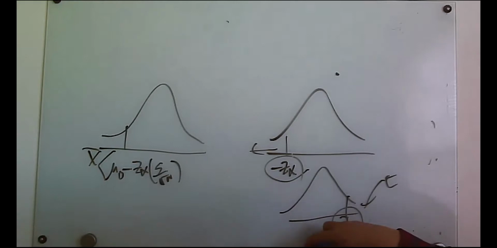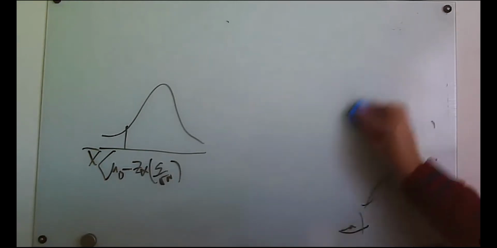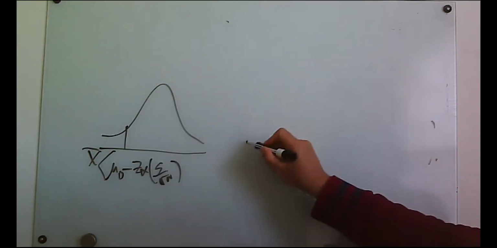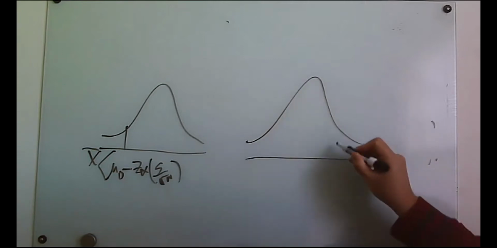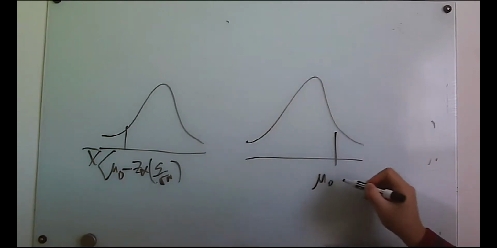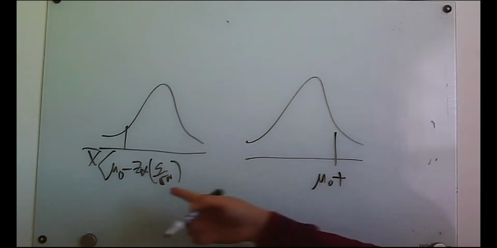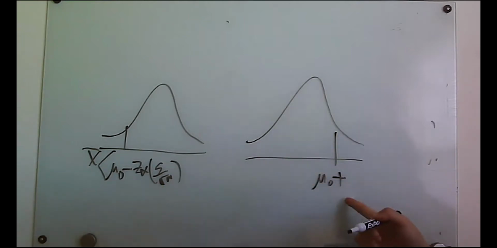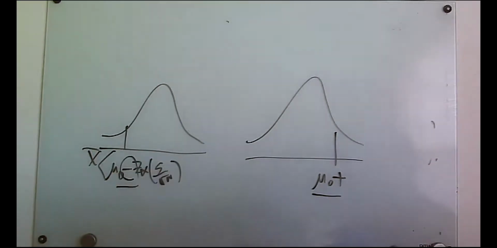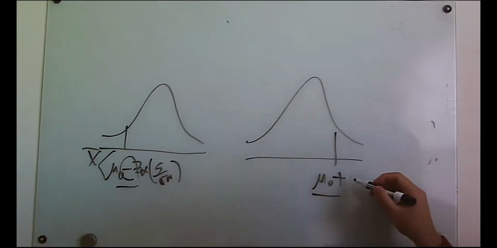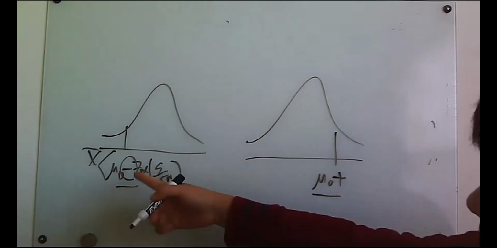That was the critical value for the lower tail test, but the upper tail is like this. Similarly, it's mu 0 plus, because this was a lower tail and this is an upper tail. So that is the lower bound and upper bound of the critical value. It used to be negative in the two-sided case; this will become positive for the upper tail.